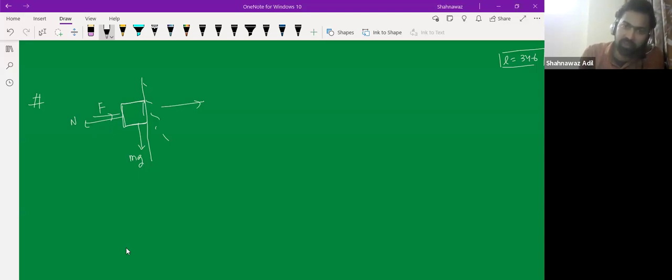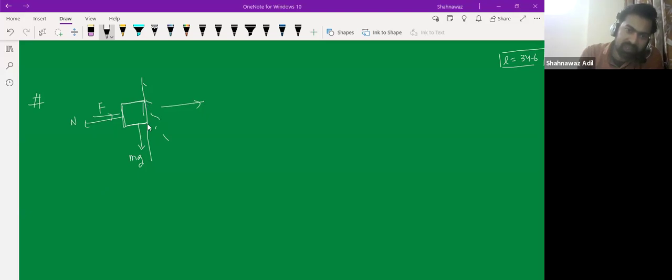Yes, this force is pushing this object into the wall, which means it should go in this direction. I'm asking because the normal reaction is the same force. Whatever force we are applying, the wall is exerting the same force. That is the normal reaction. I'm asking what is the force that is balancing this?